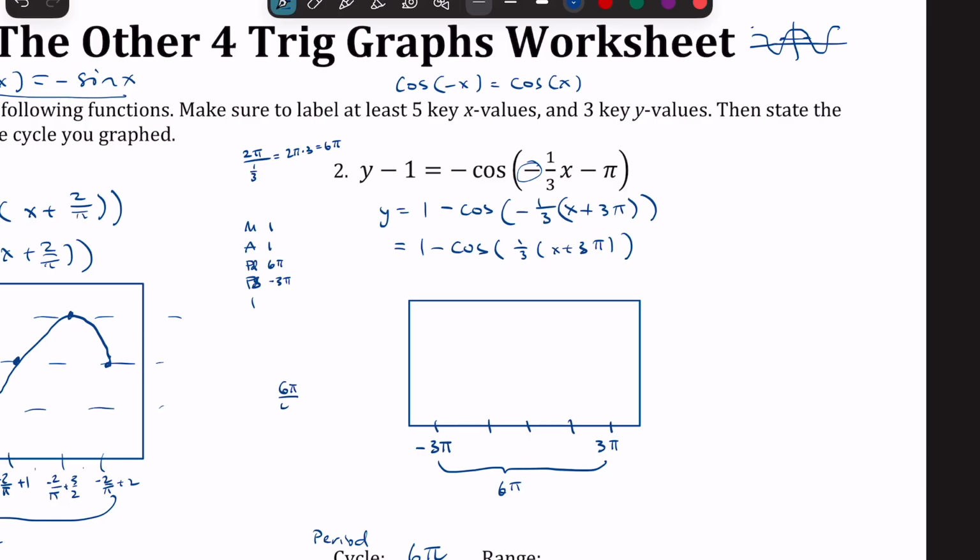So 6 pi over 4 is really 3 pi over 2, so I'm just adding 1.5 pi to each one. So this would be negative 3 pi over 2, 0, and 3 pi over 2. And then my midline was at 1, and we have an amplitude of 1. So this would be 2, and this would be 0.